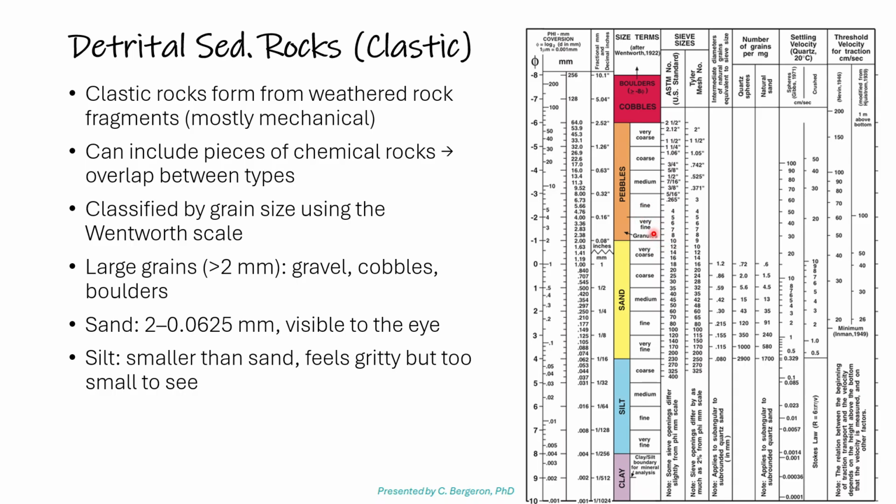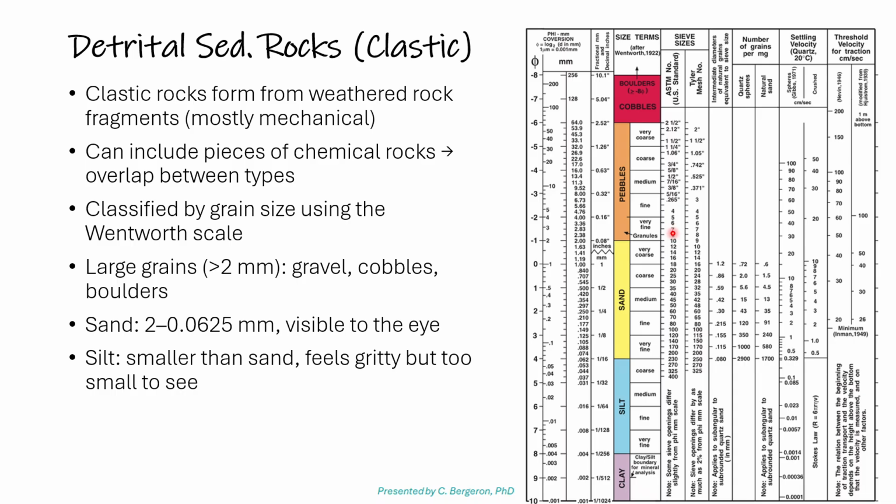When you're out in the field though, and you don't have this scale next to you and you're taking your notes, you might call it a very coarse sand and someone else might call it a very fine pebble, right? These are very small differences here.